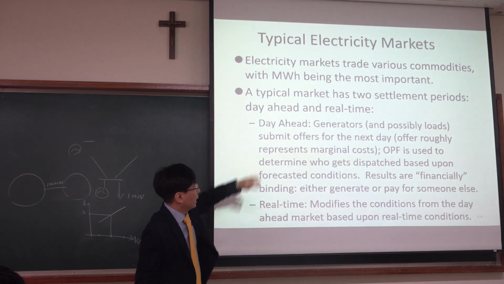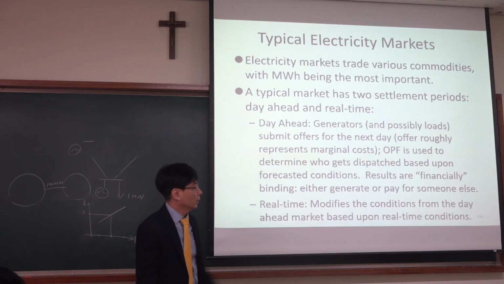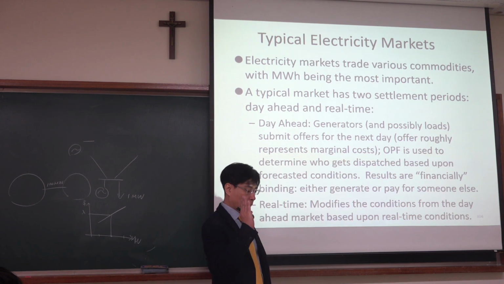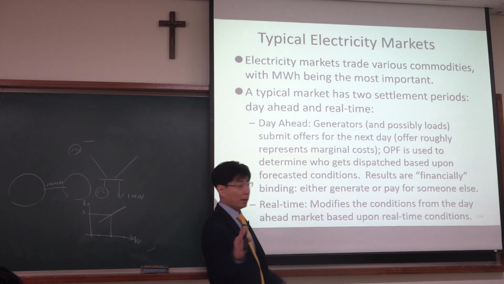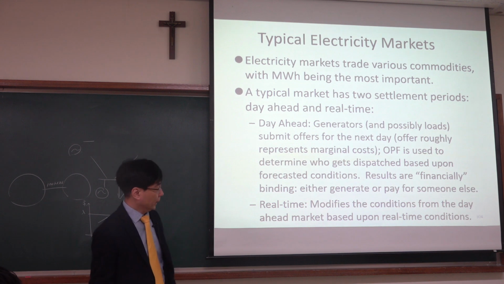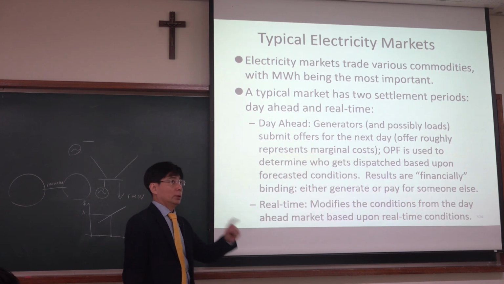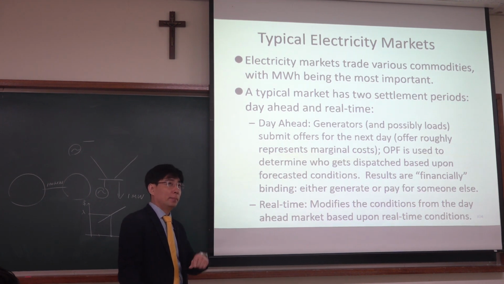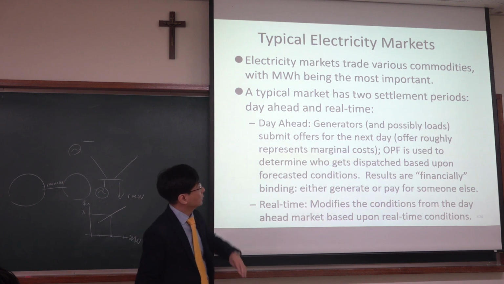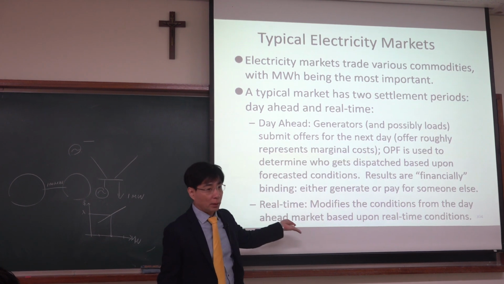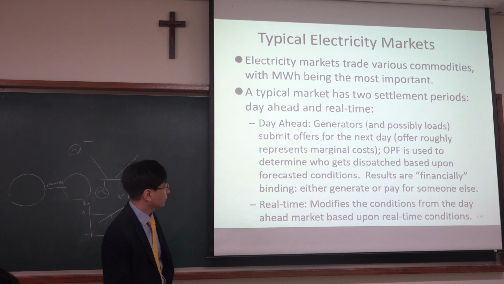Okay, so this is the day-ahead market, and this is the real-time market. And before gate closure, you have a chance to modify your bid. So actually in Korea, in December, Jeju has this real-time market for renewable generation.